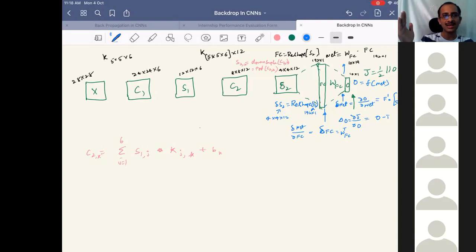We have the loss at the output first, then the next layer, then the next layer. Those errors are useful for updating the gradients, or for back propagation as well. So how do I write delta C2? It is the upsample of S2. Here we do downsampling, there just upsampling of S2.